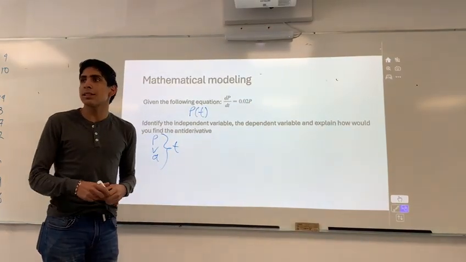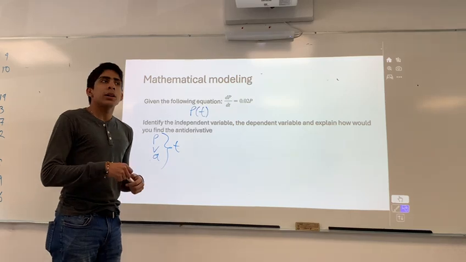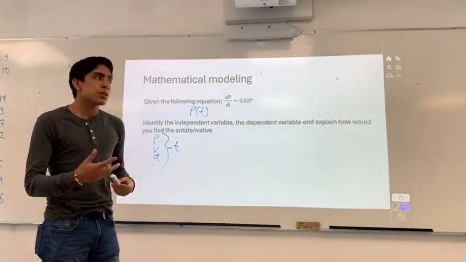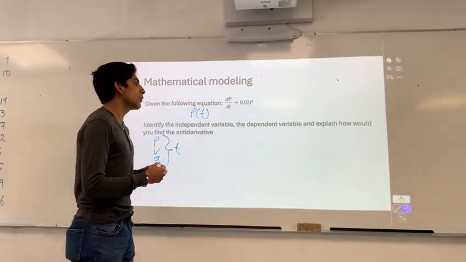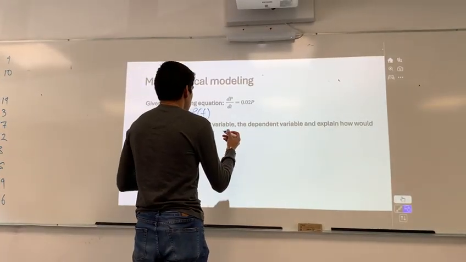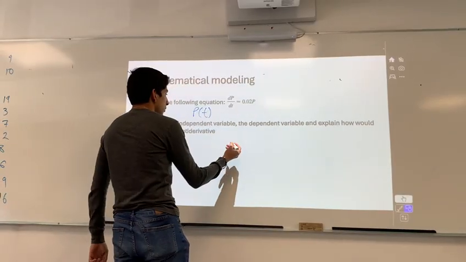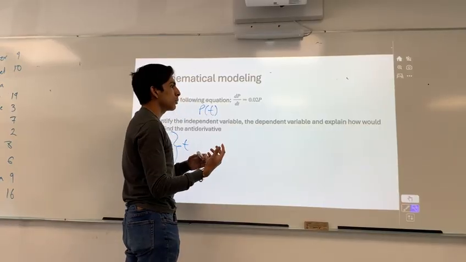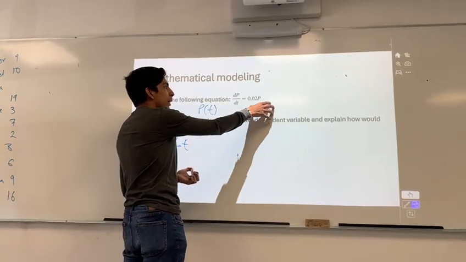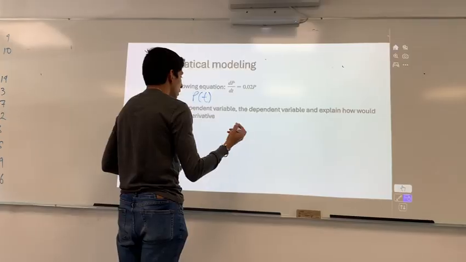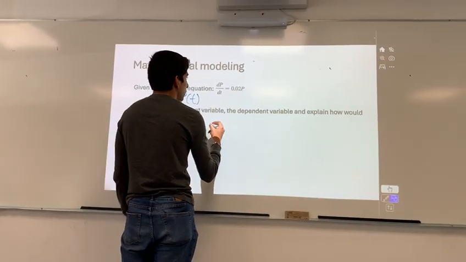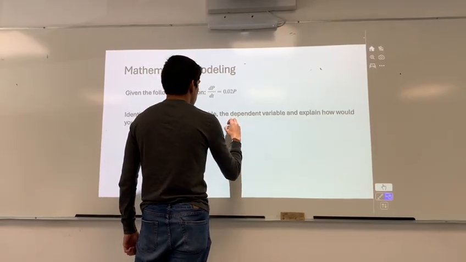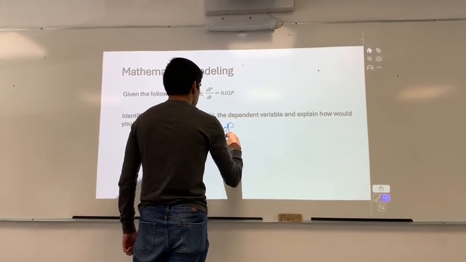It doesn't say anything more about how it moves through time, or the acceleration of this object. So we need to put the variable of time inside this function. 0.02 is a constant, so we only need to do dp over dt.